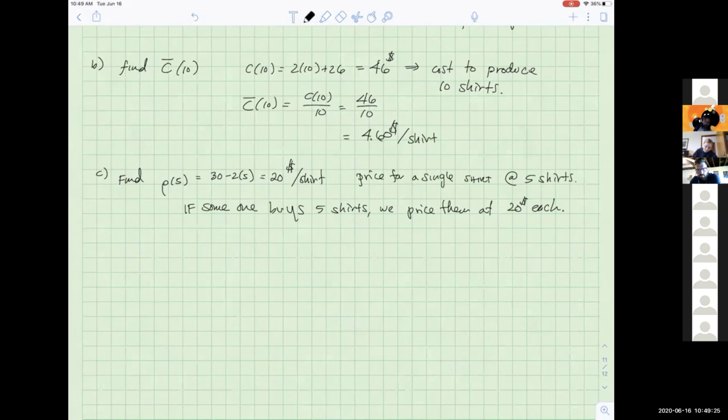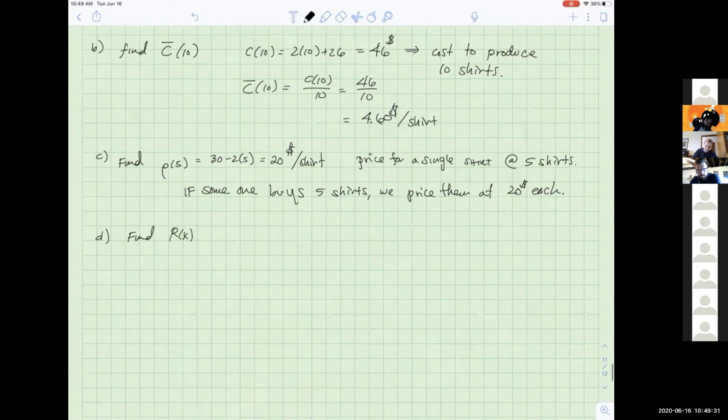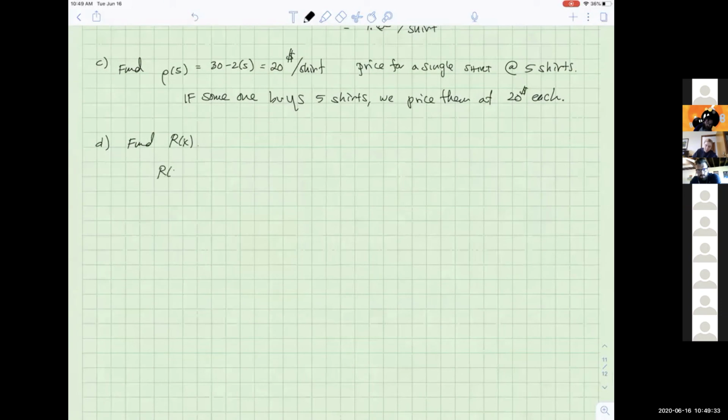Find and simplify R of X. Well, R of X is the price times the quantity. And here the price is 30 minus 2X per shirt, times X, which is 30X minus 2X squared.